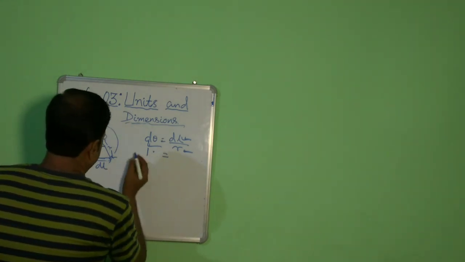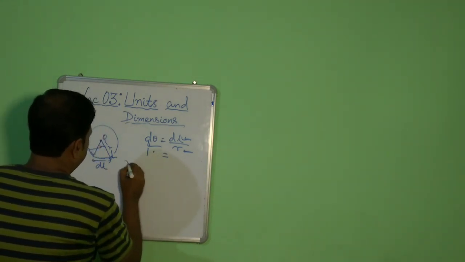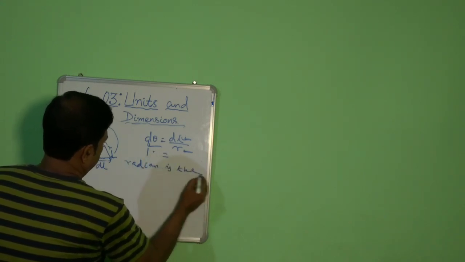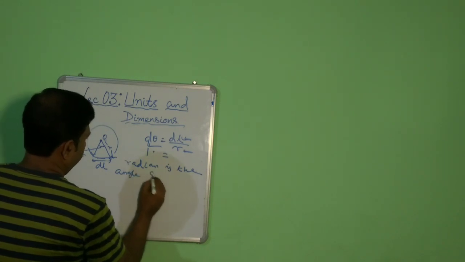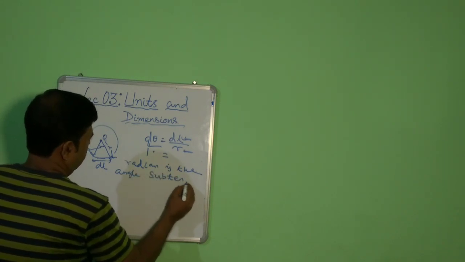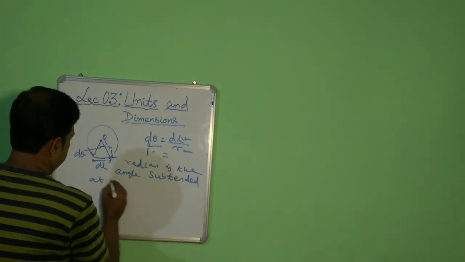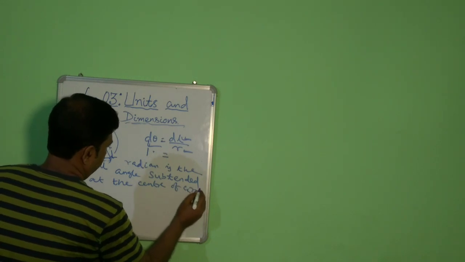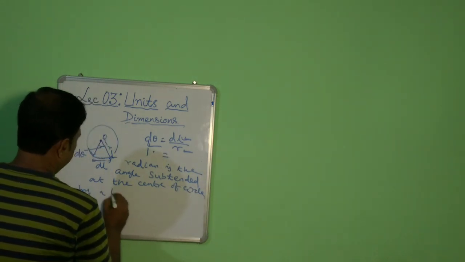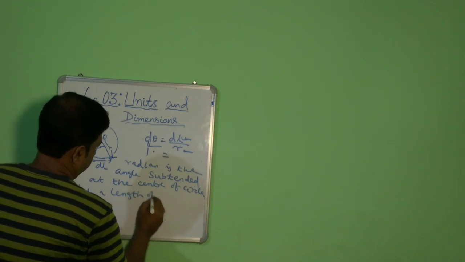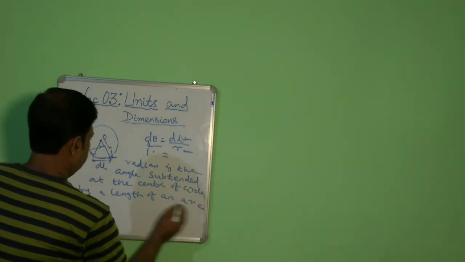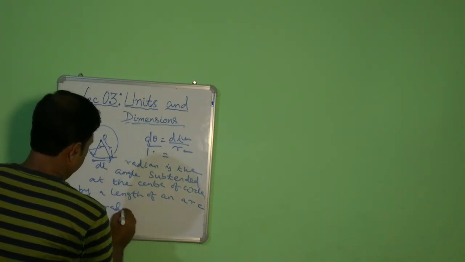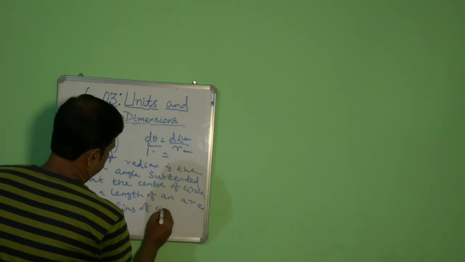That means we can define it like this: radian is the angle subtended at the center of a circle by a length of an arc equal to the radius of the circle.